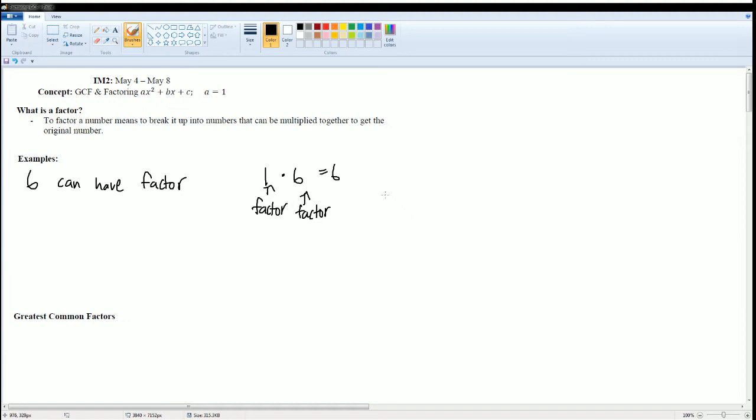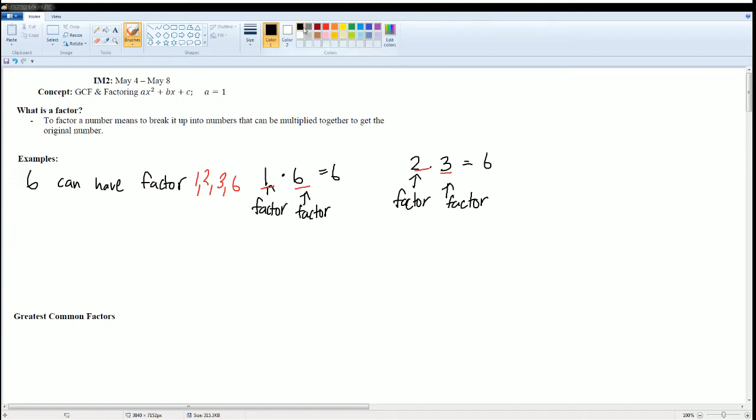You would also say 2 times 3 equals 6. So you would say 2 is a factor and 3 is a factor. So 6 can have factors of, in simple terms, 1, 2, 3, and 6. I just wrote it in order. Notice how I can break that up.